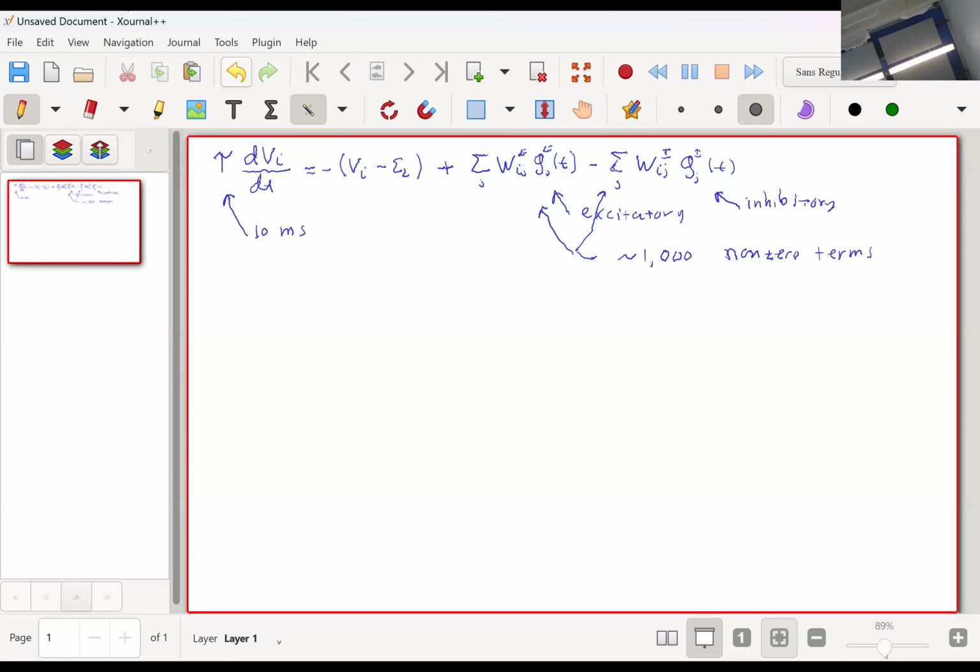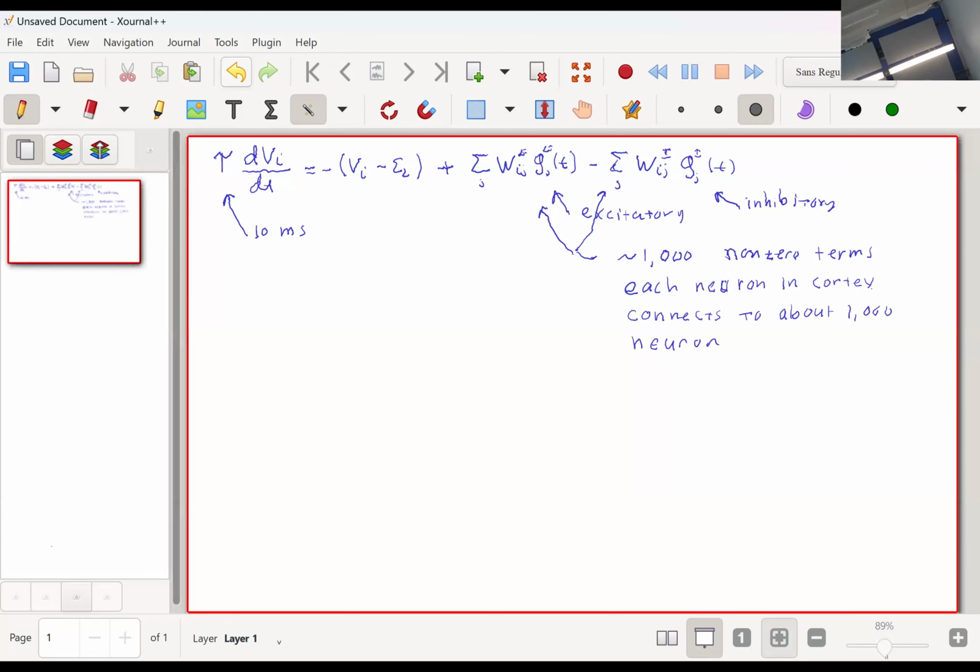What that means is each neuron in cortex connects to about 1,000 other neurons, which is a small number.